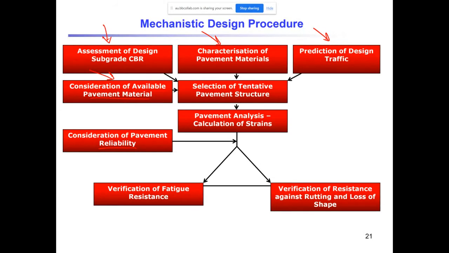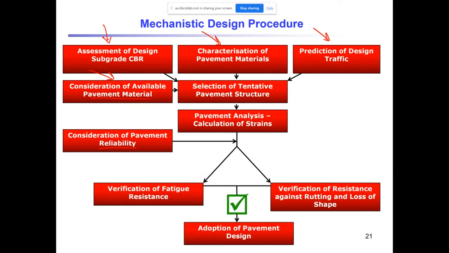Then, based on this, you need to check 2 distress modes, 2 modes of failure, fatigue resistance as well as rutting or permanent deformation. If the design is acceptable, if these 2 modes do not occur during the design life of the pavement, then your design can be acceptable.